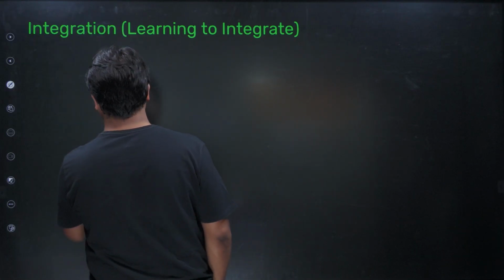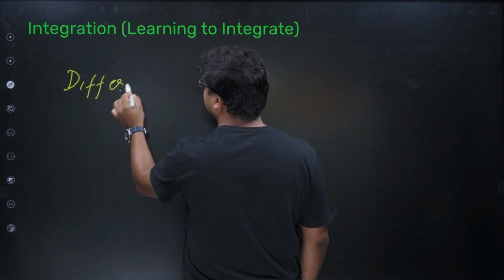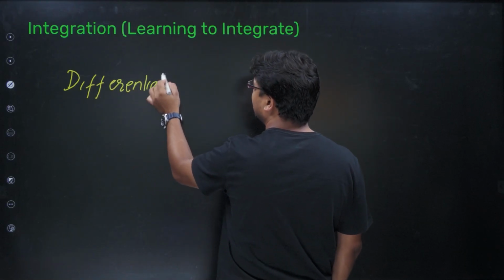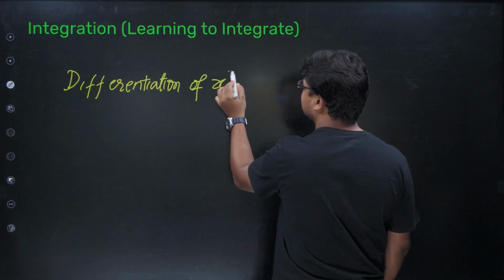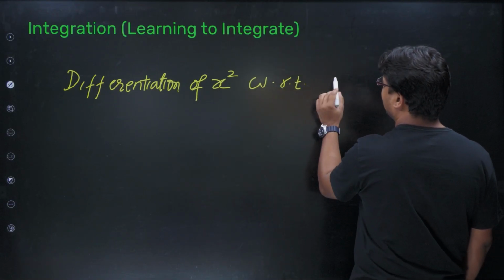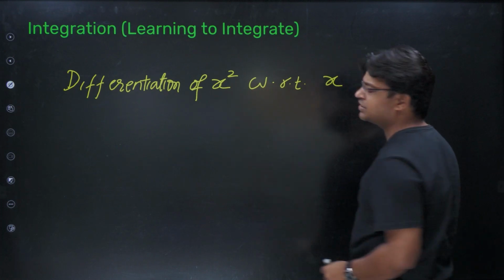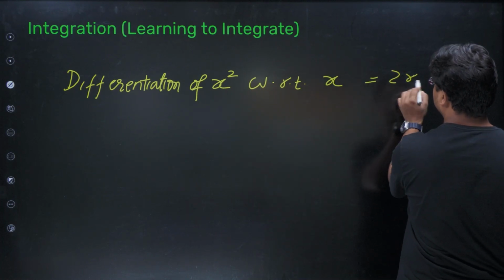Suppose I say differentiation, which is something you would be knowing by now, of x square with respect to x is 2x.